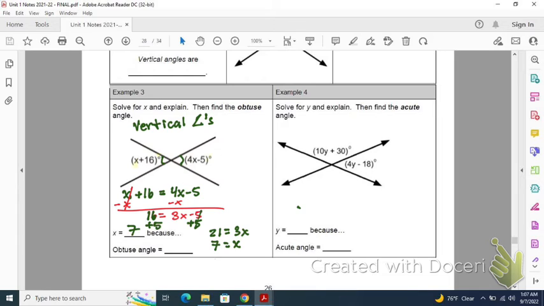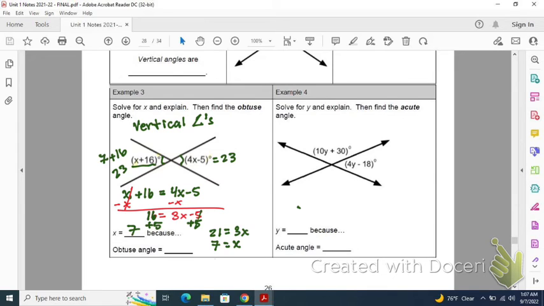And now we want to find the obtuse angle. So let's go ahead and plug x into one of my vertical angles. Doesn't matter which one because they're both the same. I'm going to plug it into here. 7 plus 16 is going to give you 23. That means the other vertical angle is going to be 23. So that is not the obtuse angle because that is an acute angle.